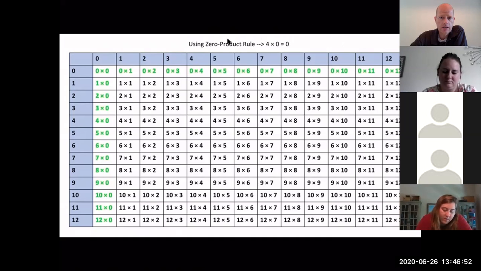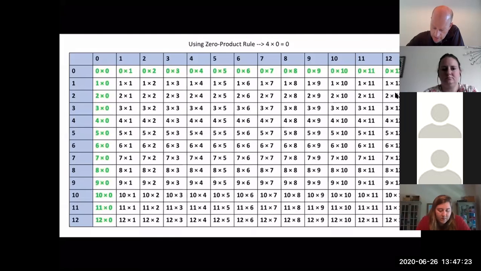Anything that we have multiplying by 0, in our column here highlighted in green and our top row, are all multiplied by 0. The zero product rule says that whenever one or both numbers multiplying are 0, then the answer is 0. I write that example up here at the top of the slide.